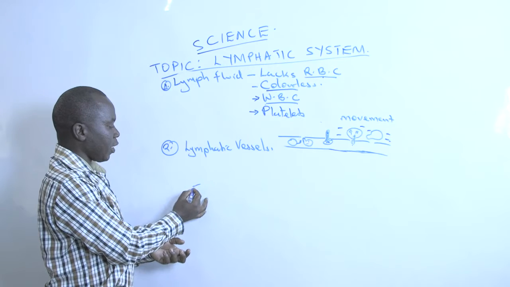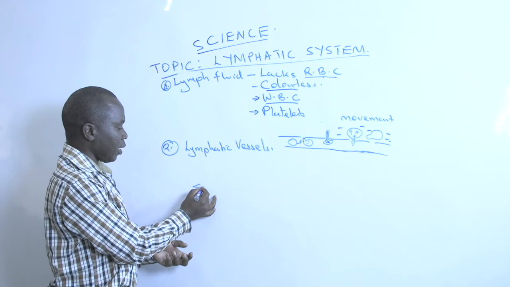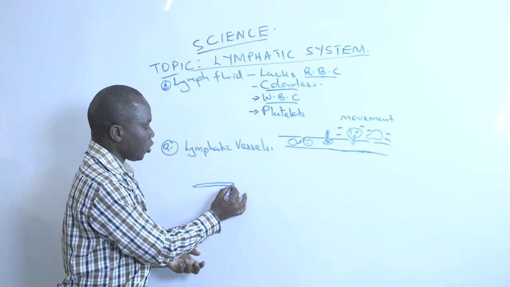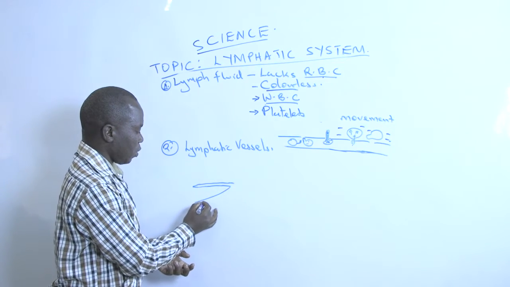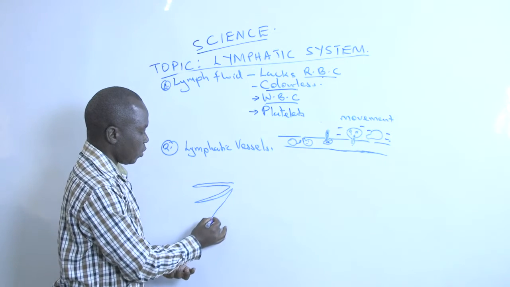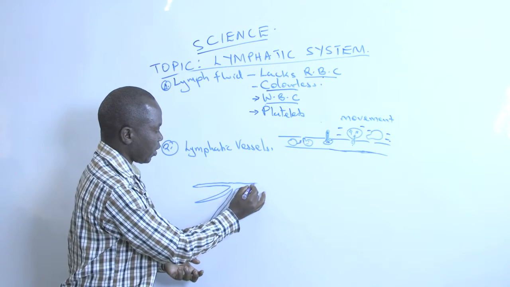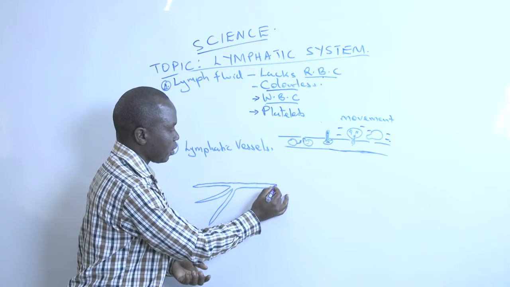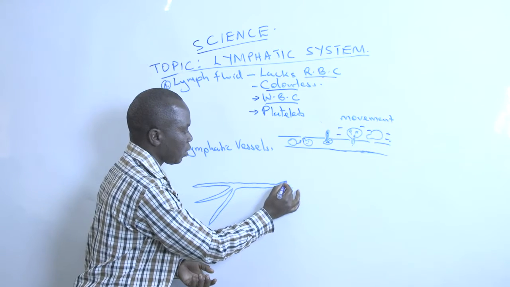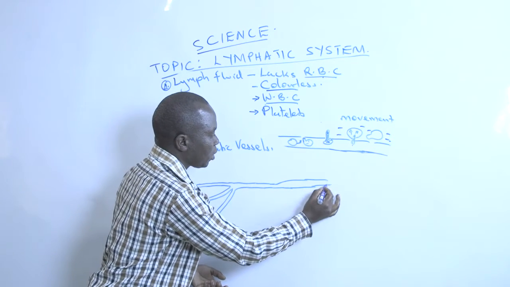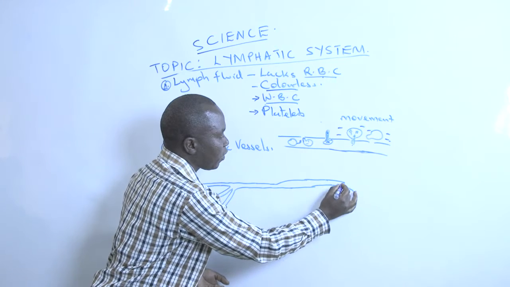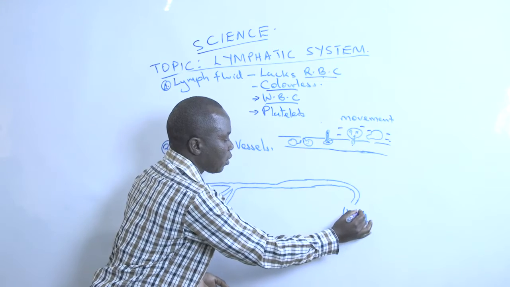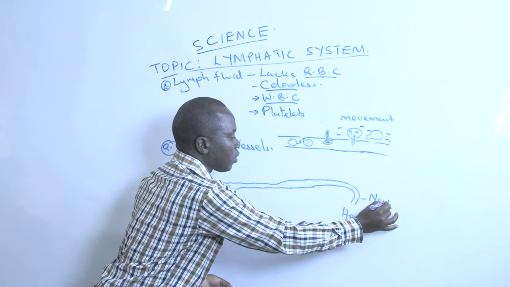If these are the lymph capillaries, they'll just start from a point like this, increase, and then they join into a lymphatic duct. Then that lymphatic duct joins a vein, which will drain the lymph fluid into the heart through the neck region.